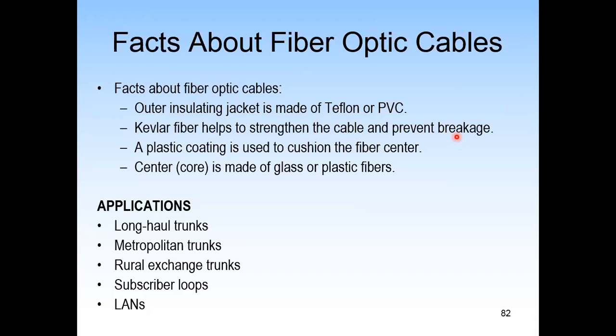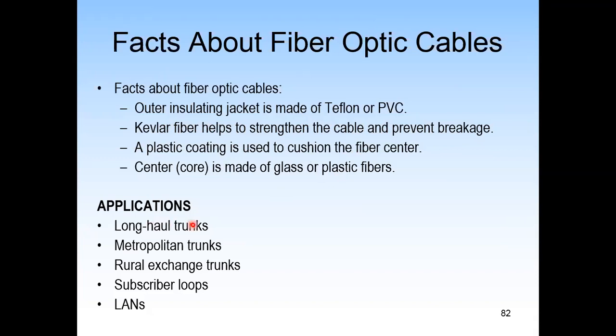If you misuse it while deploying or modifying, it is easily broken. So in order to prevent that, Kevlar fiber helps strengthen the cable. The outside jackets and plastic coatings are used to cushion the fiber center, and the center core is made of glass or plastic fibers.